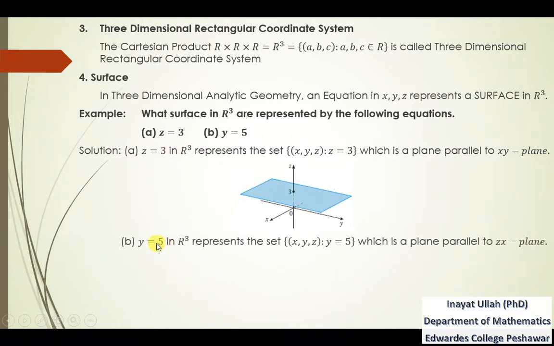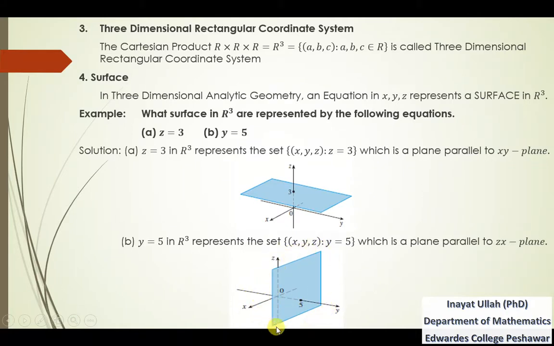Similarly, y is equal to 5. Now y is fixed, and x and z can be interchanged, can be varied. So there is a plane parallel to the zx plane. Along the y-axis, y is equal to 5. We see here, whenever y is equal to 5, make a plane parallel to the left wall, the zx plane.